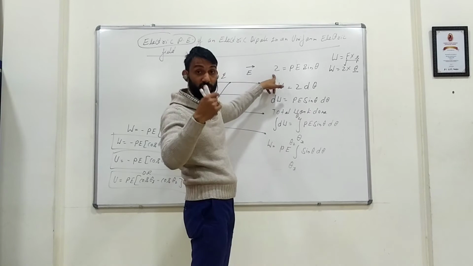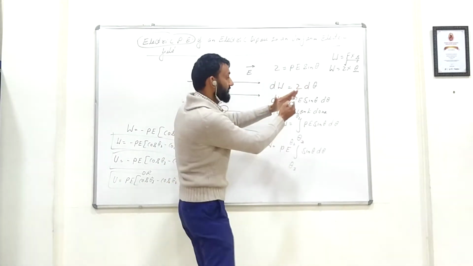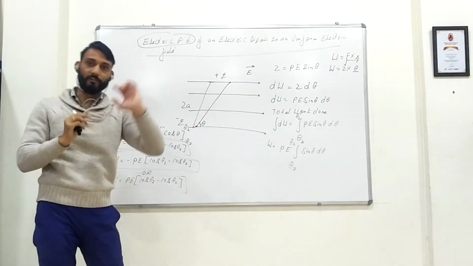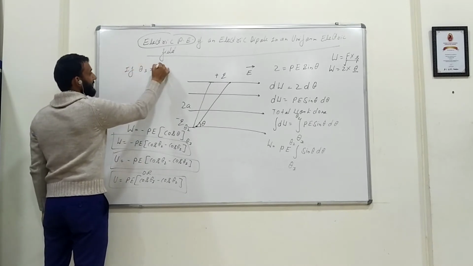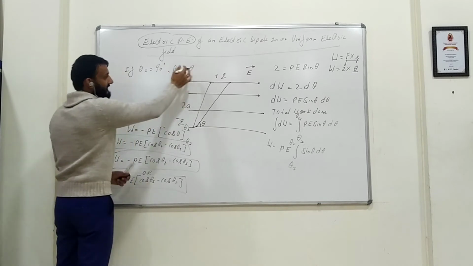If maximum torque is acting at the start, then how much will theta 1 be? 90, and then you moved it back against this torque to theta 2. So if theta 1 is 90 degrees, and obviously theta 2 can now be written as theta only.